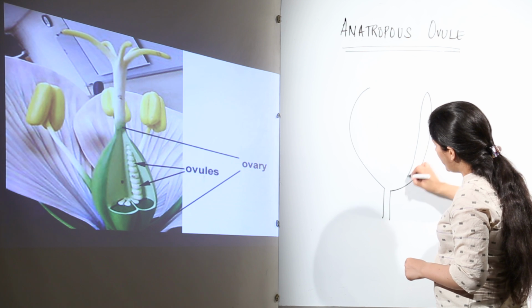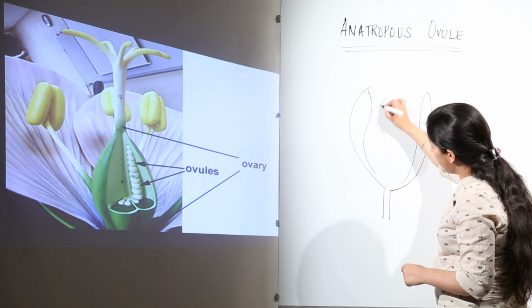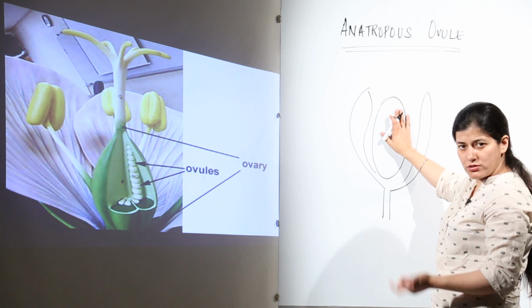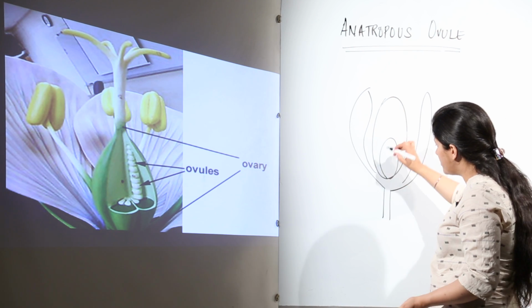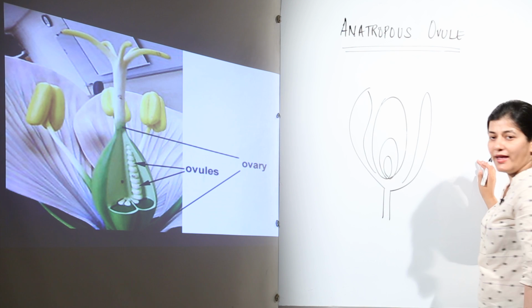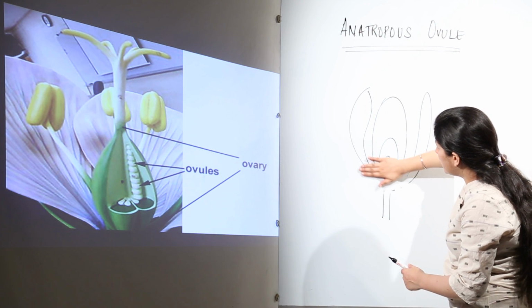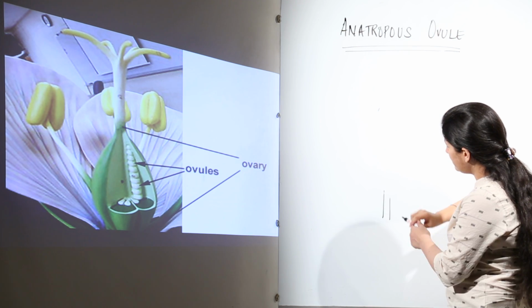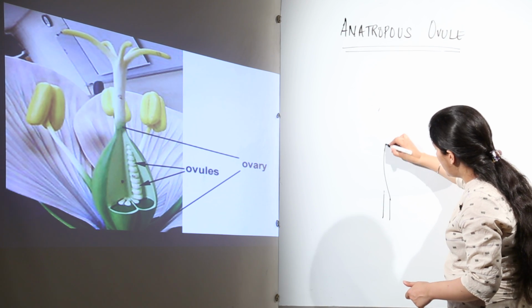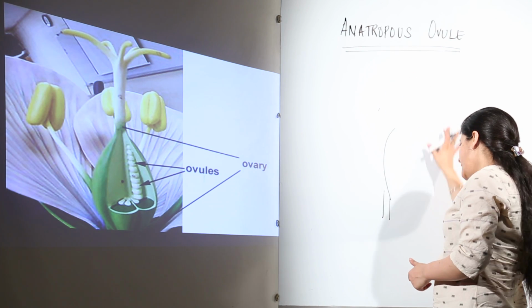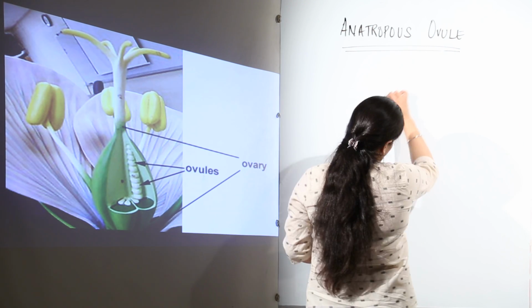Okay. There are going to be layers, and inside it you are going to find something known as the nucellus, and inside it there would be an embryo sac, and inside it there would be the egg. Now, supposedly you increase the length of this stalk, this ovule that was formed over here takes a 180-degree turn like this.